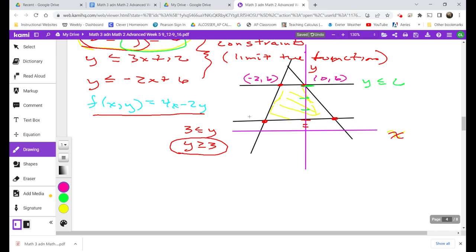Oops, no, that's not right. -2 and 6, 0 and 6. Oh, yeah. This one's going to be -3 and 3.